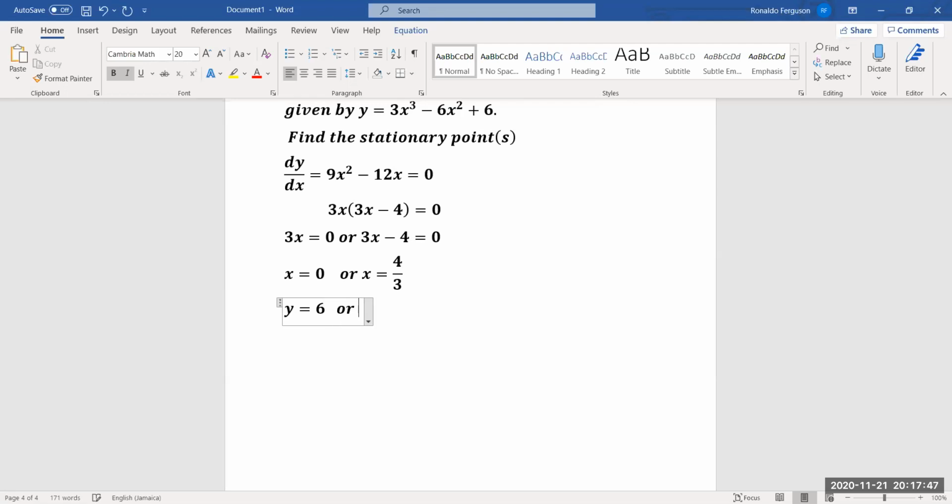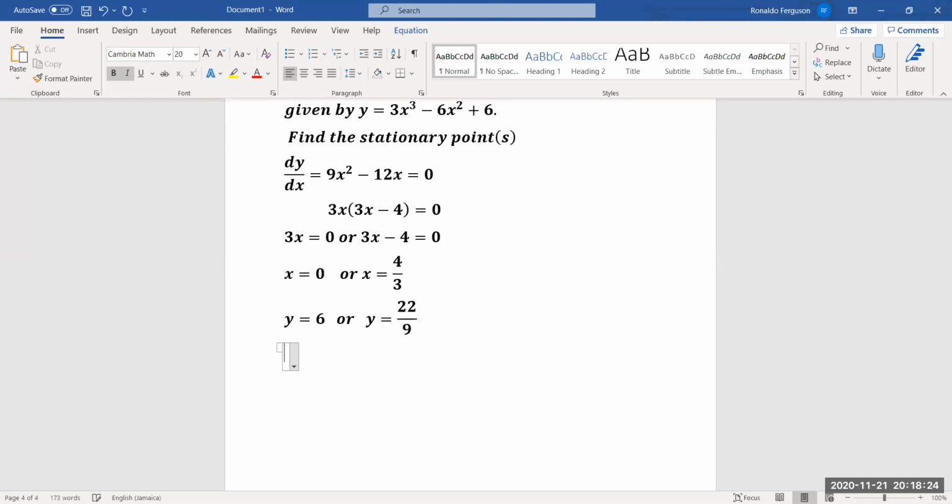Now plug in 4 over 3: 3 times (4 over 3) cubed minus 6 times (4 over 3) squared plus 6, and I'm getting 22 over 9.